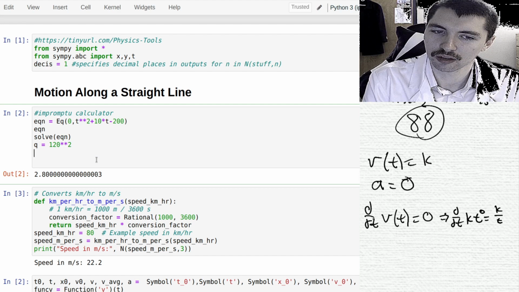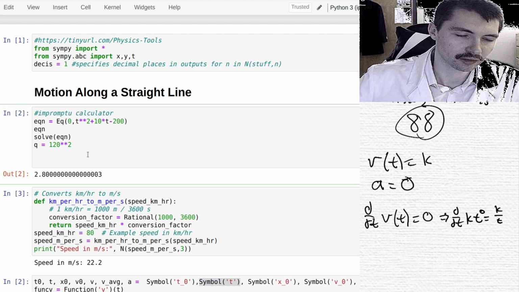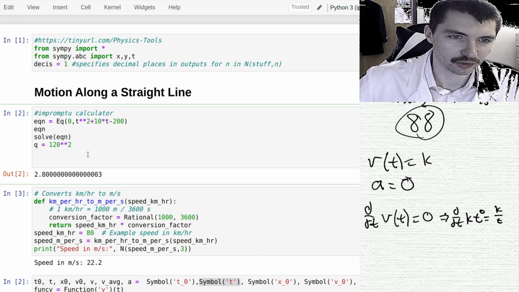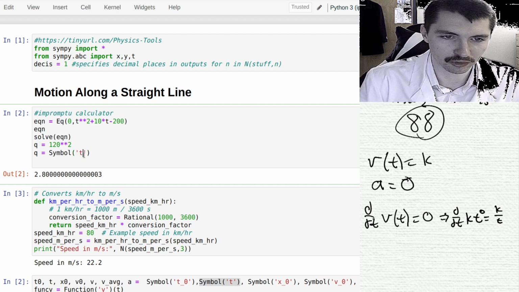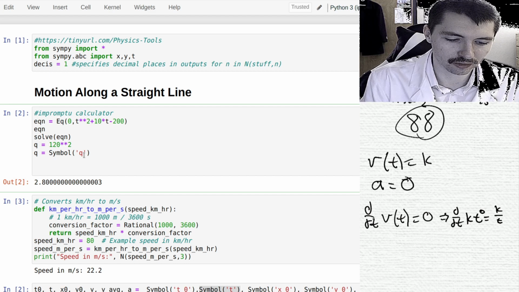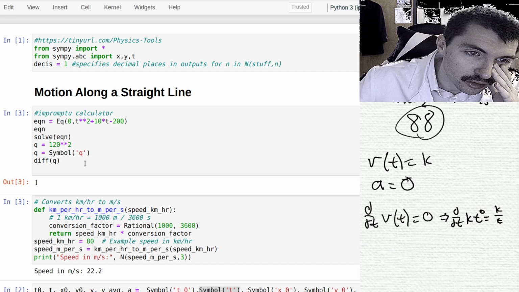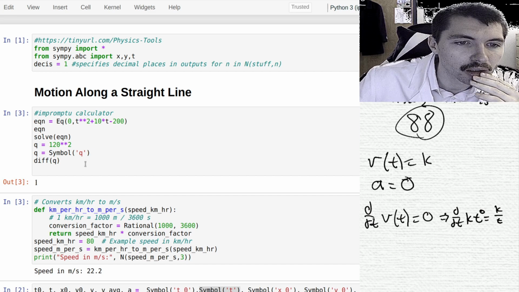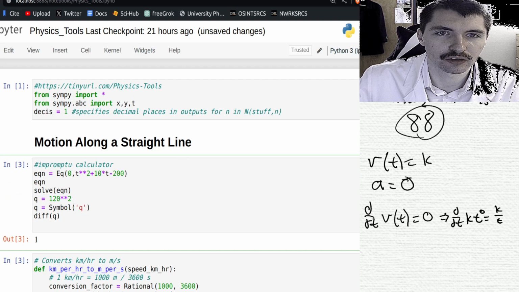No. Let's say symbol Q. So if the symbol is a constant, differentiating Q is 1. Don't think that's correct.